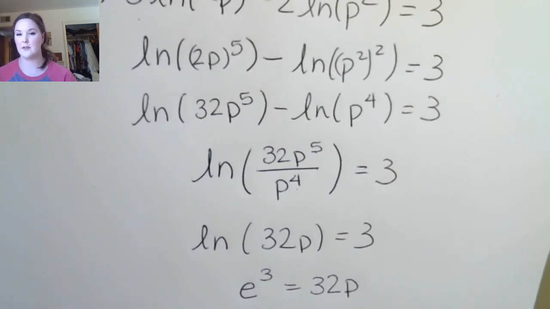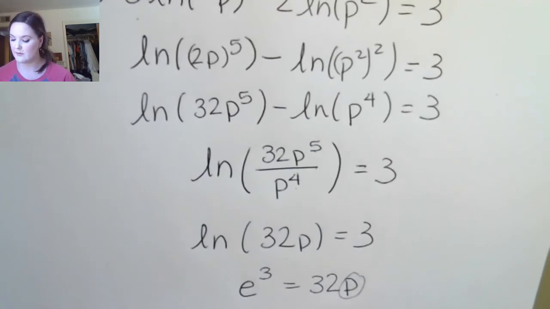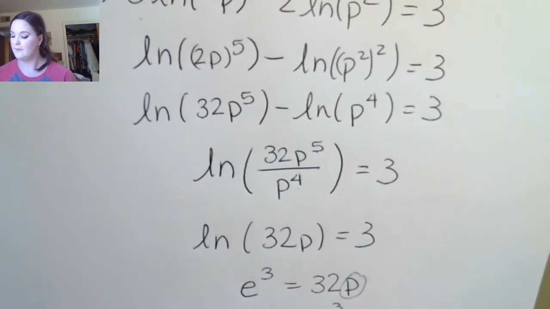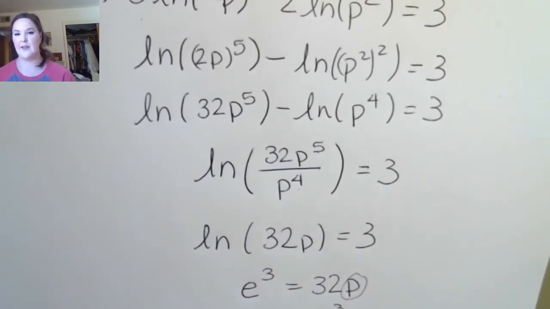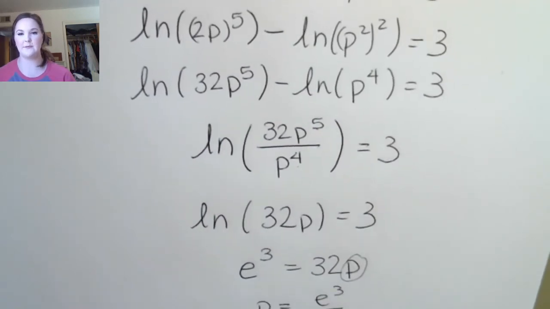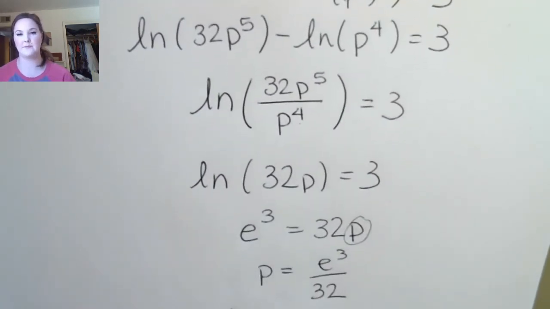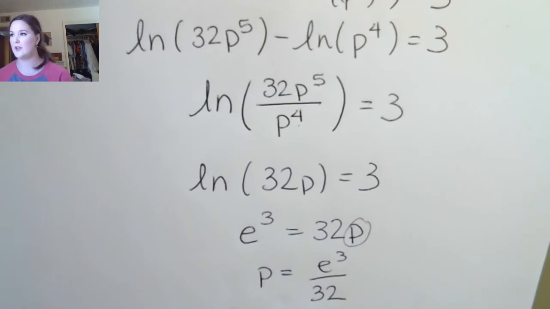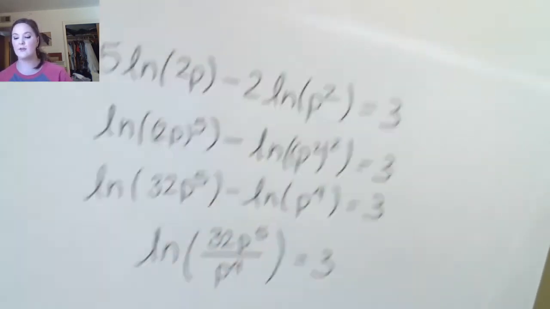Okay, the last thing I need to do, remember this is my variable, is divide by 32. And that would be my final answer. All right, so there's a little review of solving log equations.